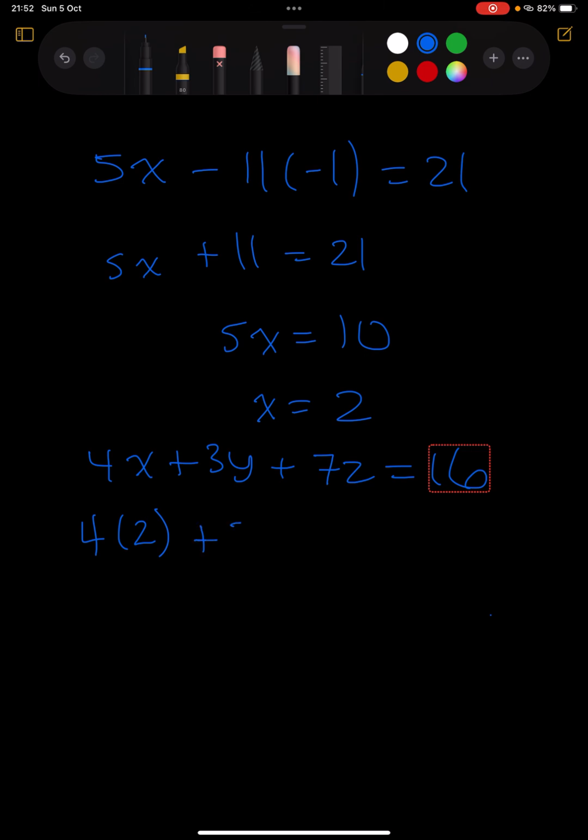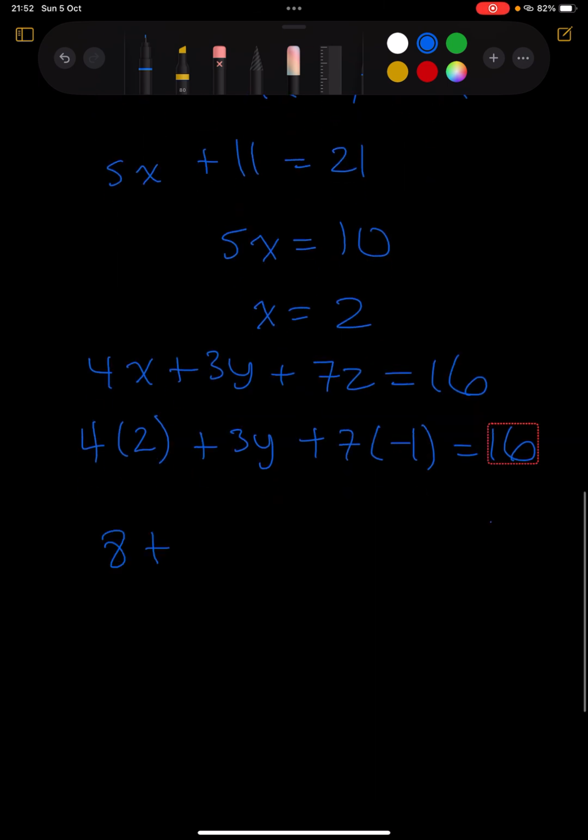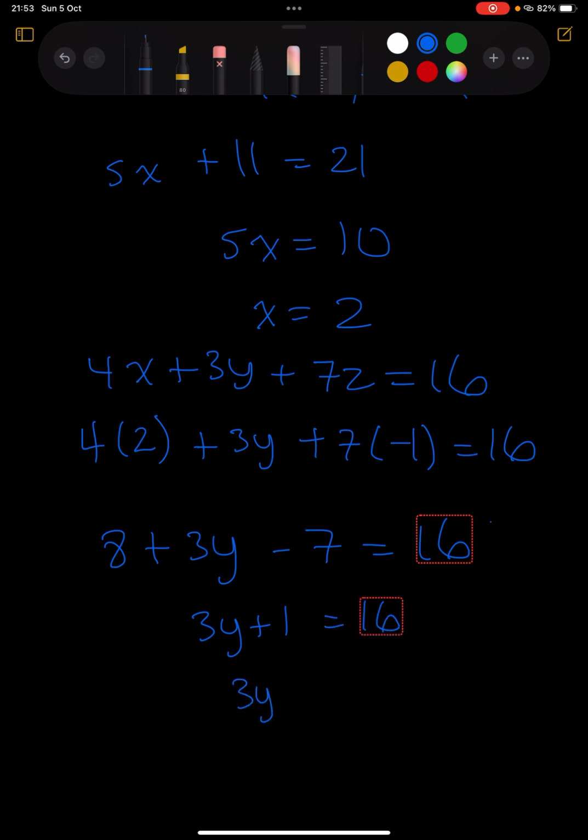So 4 times 2 plus 3y plus 7 times minus 1 is equal to 16. So that's 8 plus 3y minus 7 is equal to 16. 8 minus 7 is just going to be 1, so we have 3y plus 1 is equal to 16. So 3y is equal to 15, so y is equal to 5, right?